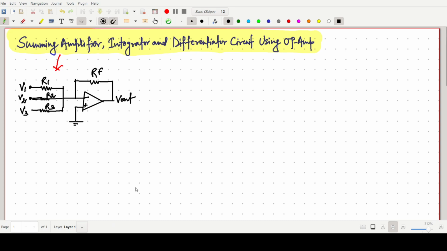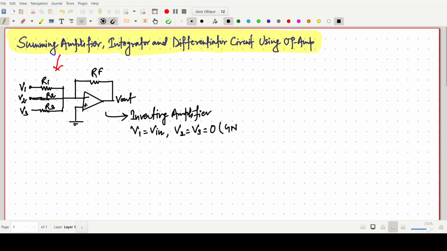Okay, to solve this simple circuit, one can think about this circuit as an inverting amplifier. Okay, when we are just keeping v1 equal to the only voltage, keeping the other two, v2 and v3, grounded.